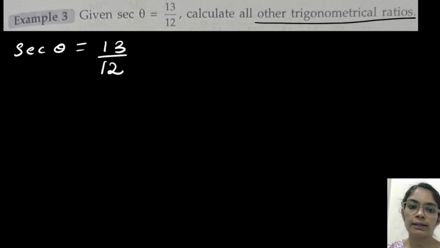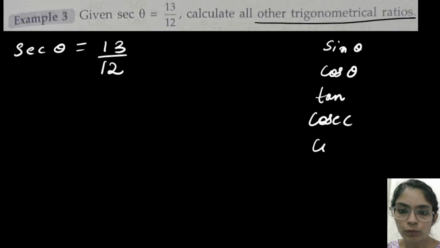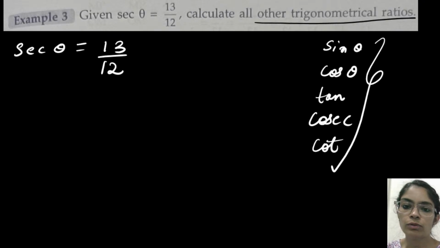Six trigonometric ratios are there. One of them is given to us and the remaining five we have to find: sine theta, cos theta, tan theta, cosecant theta and cot theta.